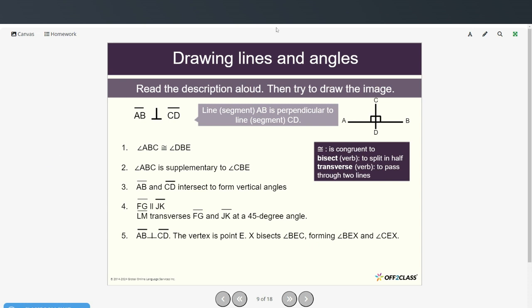All right, so ABC and DBE are congruent.